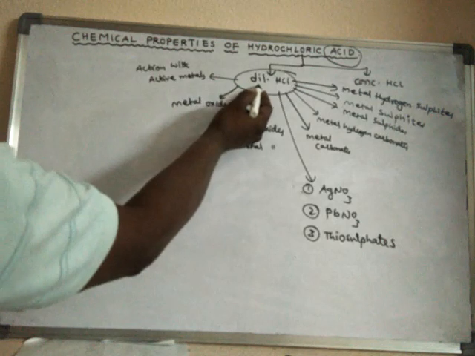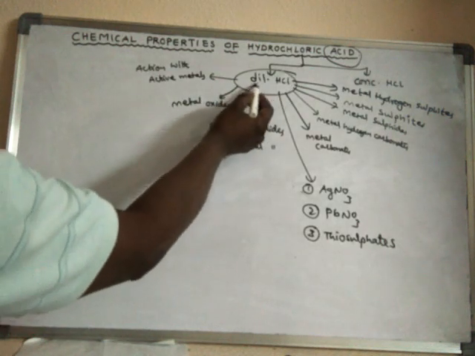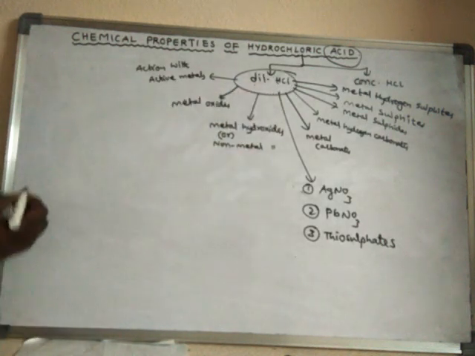First of all we will learn about the reaction of dilute hydrochloric acid with the active metals.